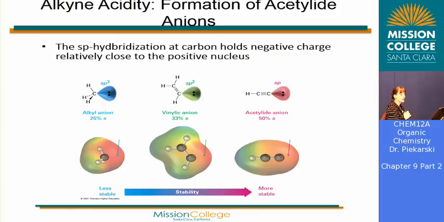If we look at the hybridization of this carbon atom, you would tell me it is sp. For the vinylic one, you would tell me it's sp2. And for the alkyl anion, you would tell me it is sp3, right? And we know that s orbitals are spherical and that p orbitals have this dumbbell shape, right? But where do you think electrons want to be? They want to be closest to the nucleus.